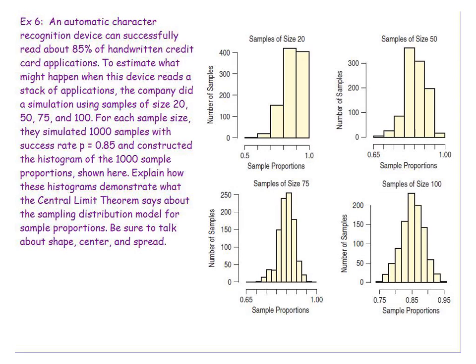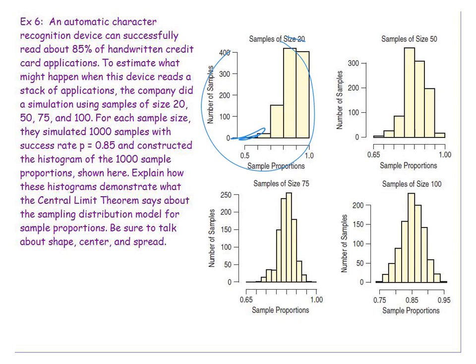If you notice the very first one, this graph was for the sample size of 20. Describing what it looks like, to me that looks very skewed. You see a definitive tail over here on the left, and you see your high bars on the right.